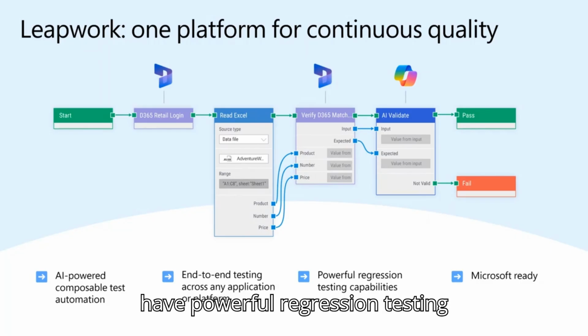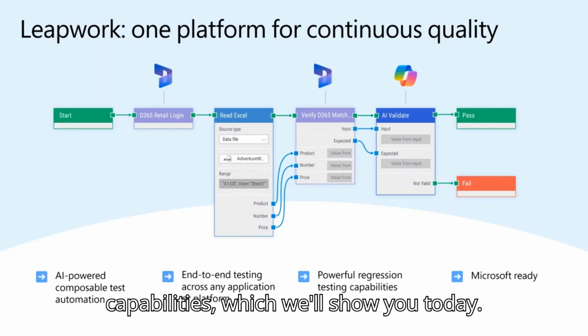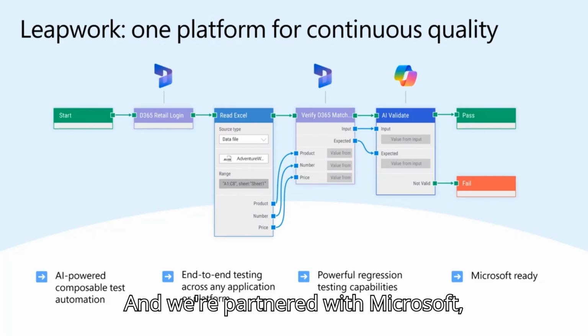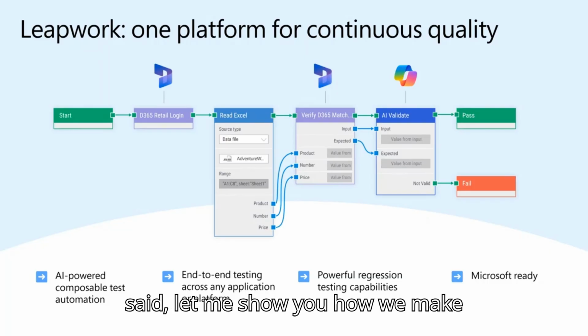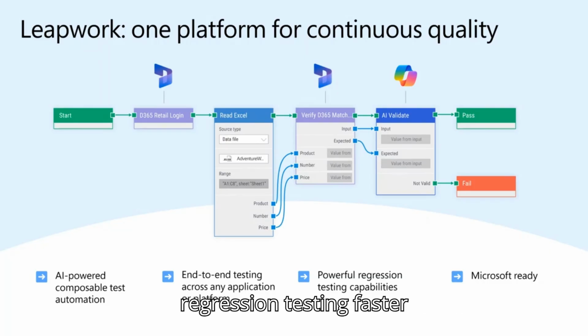We have powerful regression testing capabilities, which we'll show you today. And we're partnered with Microsoft, really enabling testing across Microsoft applications and environments. So with that said, let me show you how we make regression testing faster with less effort.